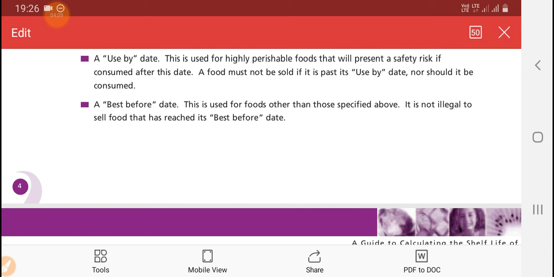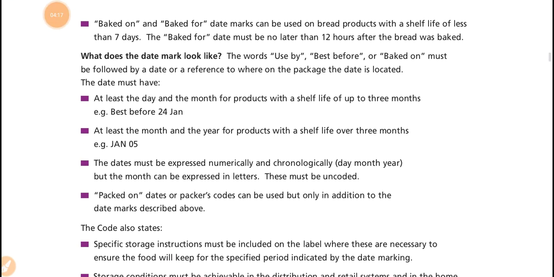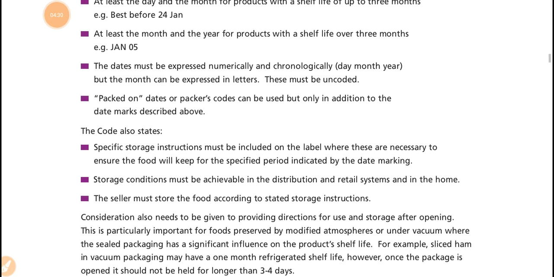The product is safe, but the quality is not assured. Then there are instructions such as baked on and baked for, which you can label. What does the date mark look like? So all these conditions are there.